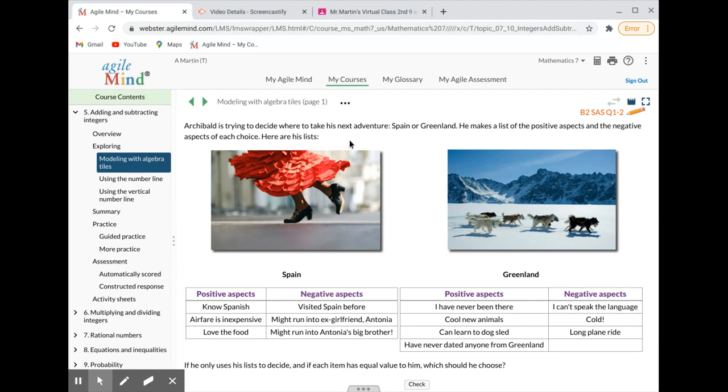And you should have been able to answer questions 1 and 2 on page 137. Now, the way that you could have done that is you could have drawn 4 squares to represent positive numbers, and 4 squares to represent negative numbers.